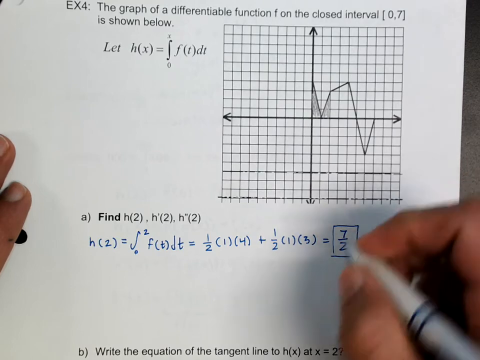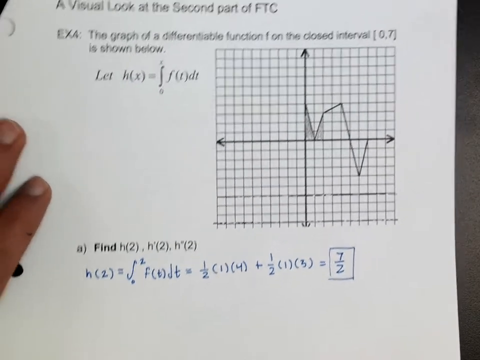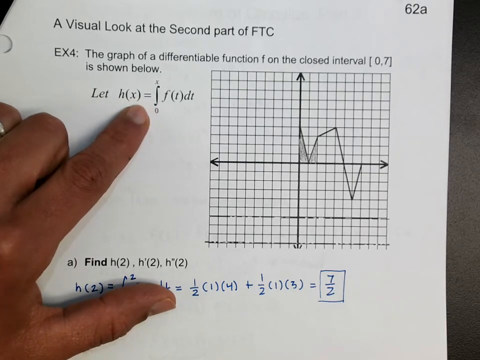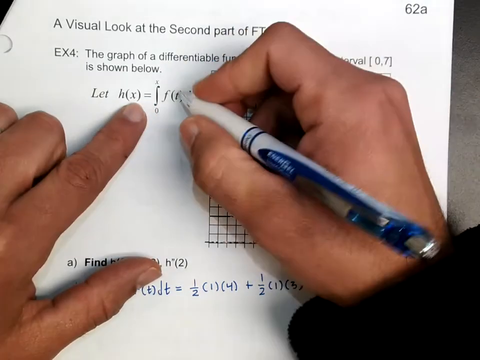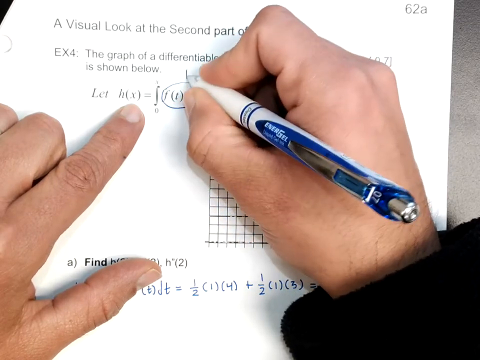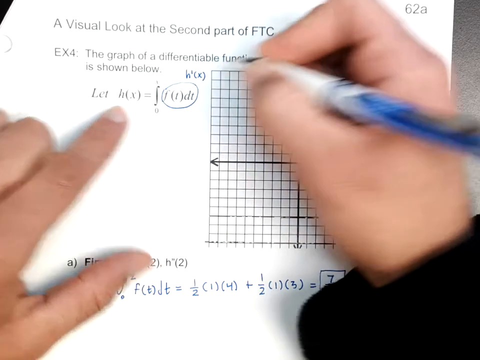Now the next two, you have to do a little bit of thinking. If h of x is the antiderivative of f of t, that implies that f is h prime of x.